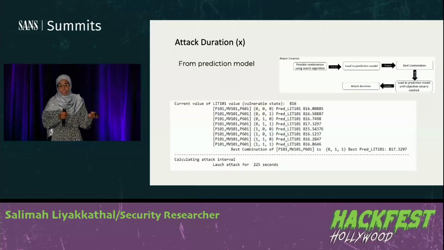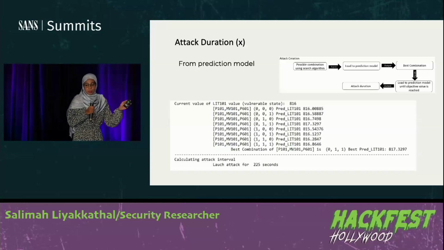Okay, let's look at the screenshot below. There are a few things happening here. You can look at the current value of LIT 101, which basically means tank 1, at the vulnerable state. So it's currently at the vulnerable state, which is at the 816 level. Then you look below, this is your grid search algorithm. You can see 000, 001, 010.